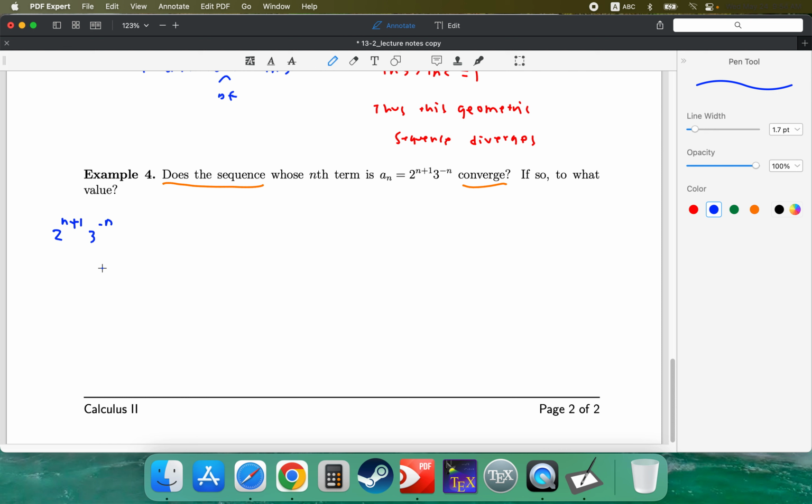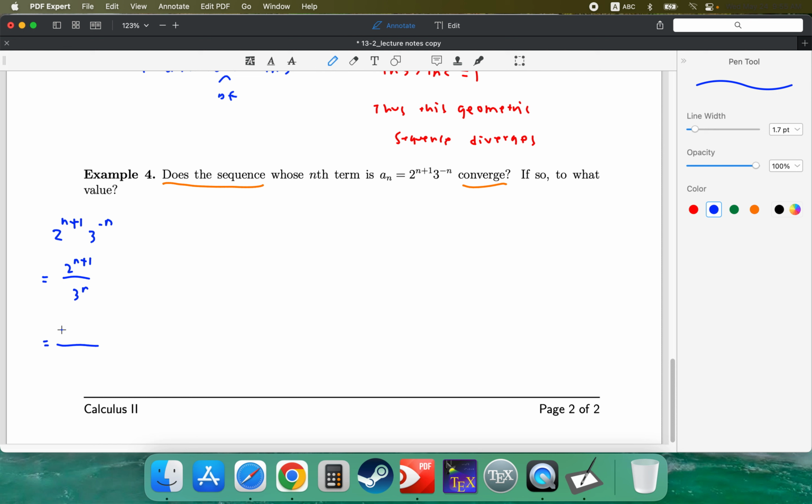First we have 3 to the negative n. What does that negative sign represent? That means you have to put it in the denominator. So we have 2 to the n plus 1 over 3 to the n. And what does that plus 1 do to our value?